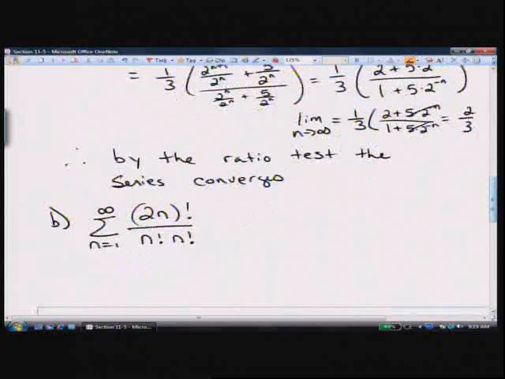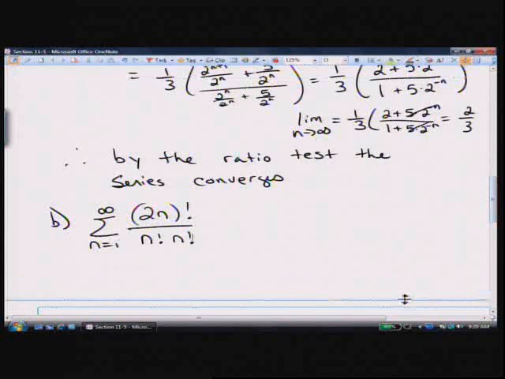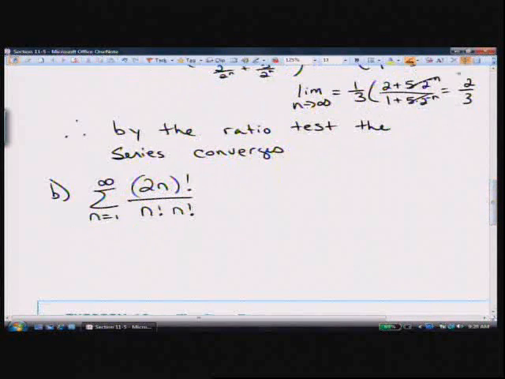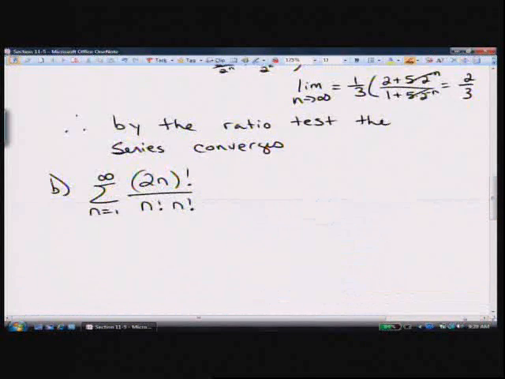It's almost the algebra, like that little bit of algebra that I showed you, but there may be techniques that you haven't used before. Factorials are also fun if you have the right attitude, because cool things happen with factorials. Cool things cancel out. So I'm going to look at a_{n+1} over a_n.